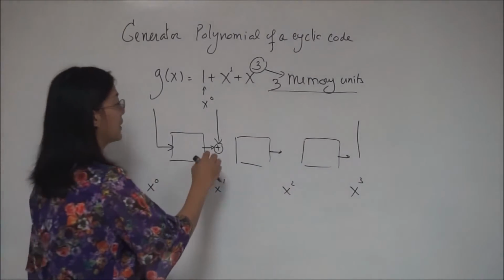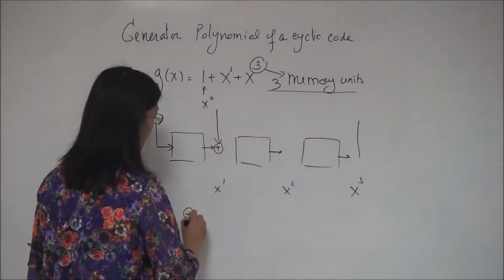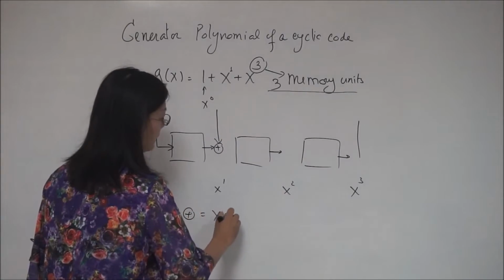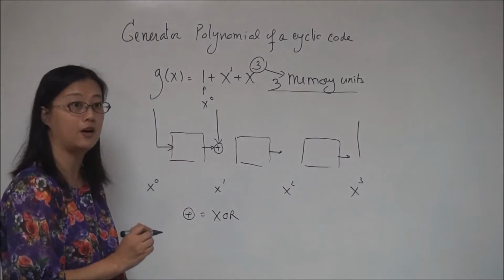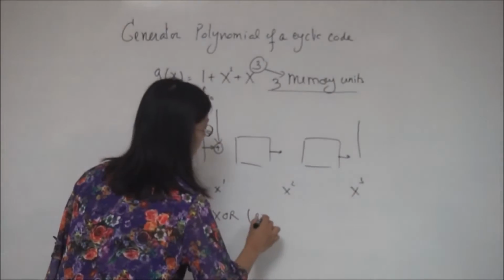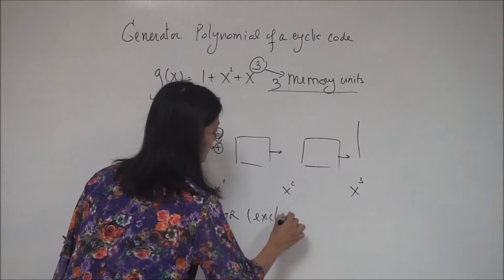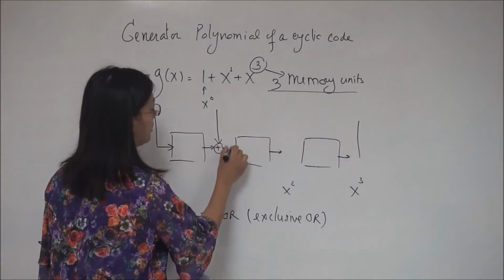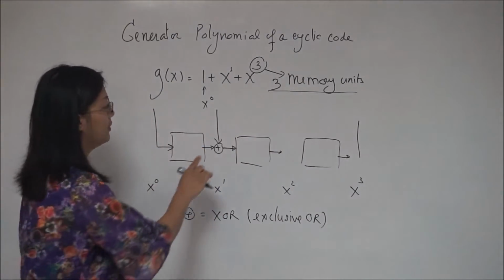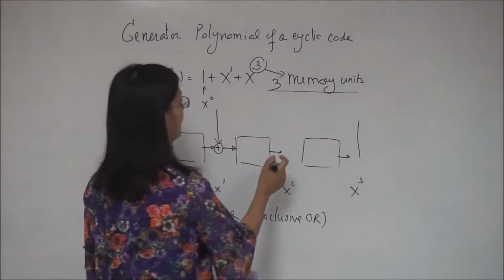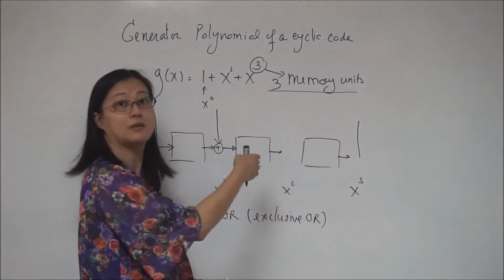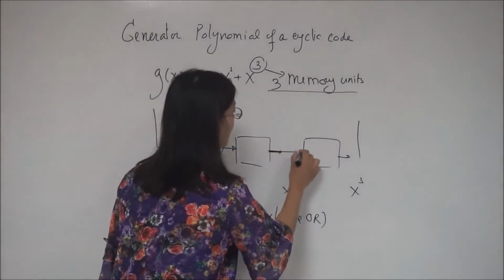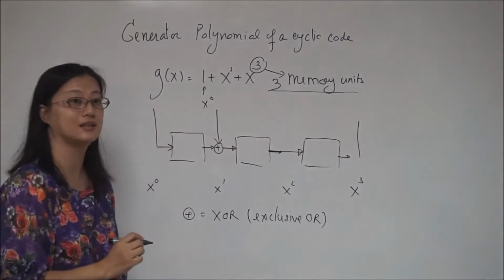And this operator is called XOR, exclusive OR. So this one combines together and gets into the second unit. This one, there's nothing from the top, so it just goes directly into this box.